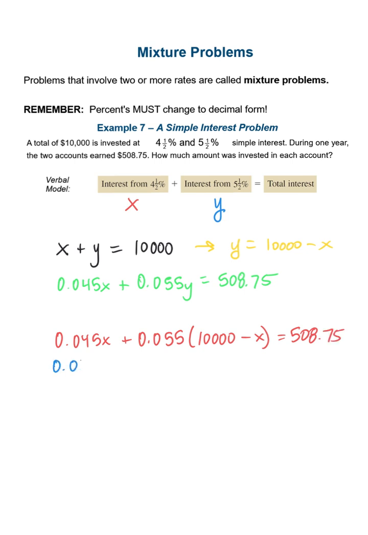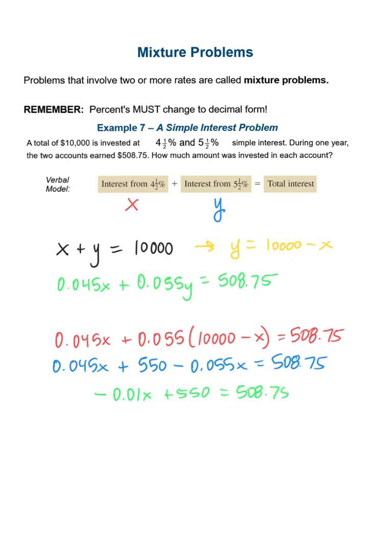Now I need to distribute. So 0.045x plus, that first part is 550, minus 0.055x equal to the 508.75. So now combine like terms. And when I do that, I get negative 0.01x plus 550 is equal to that 508.75.